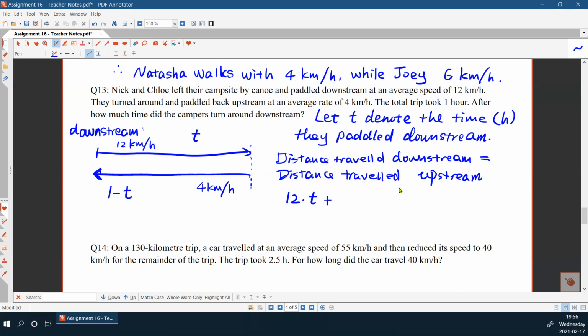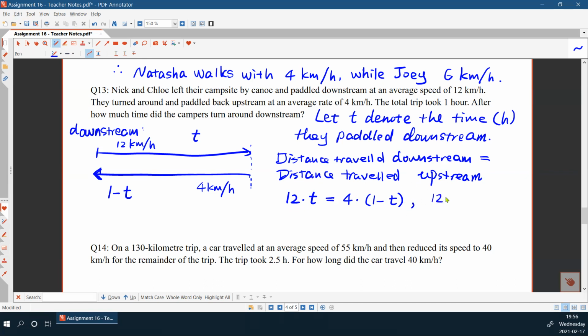So here, distance traveled upstream is the speed times the time, right? All right, this is the equality sign. Distance traveled downstream is 12 times t, and distance traveled upstream is 4 times 1 minus t, right?